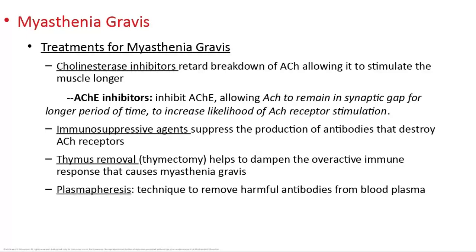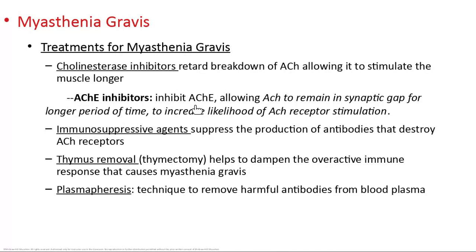Treatments, there are a few things, and you can know all these, but I do want you to know that the main treatment here, and the best treatment because it has fewer side effects, is going to be an acetylcholinesterase inhibitor.